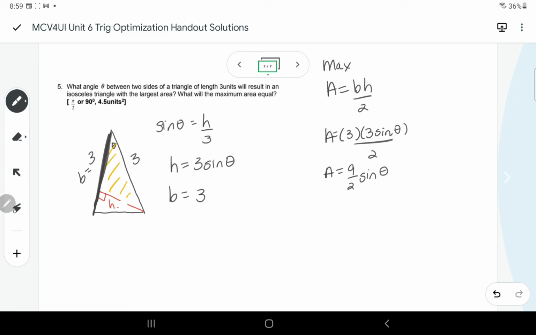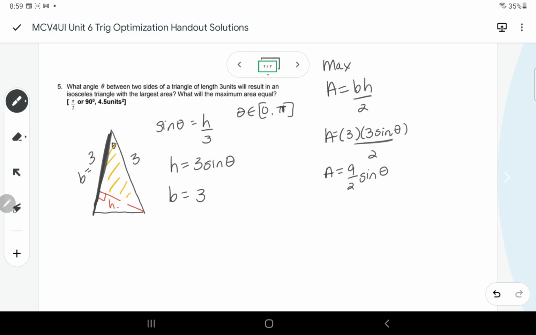We do want to consider our restrictions here, like what would our limits on theta be? And I think that we are all probably okay with saying, well, this theta for sure has to be between 0 and pi.